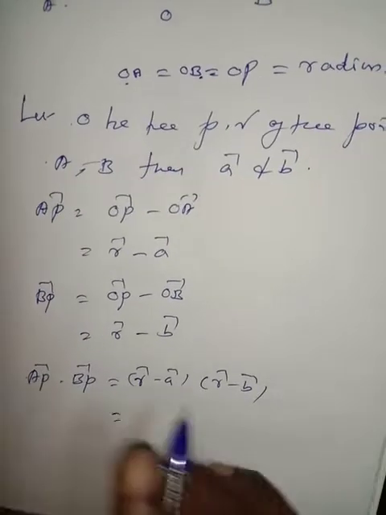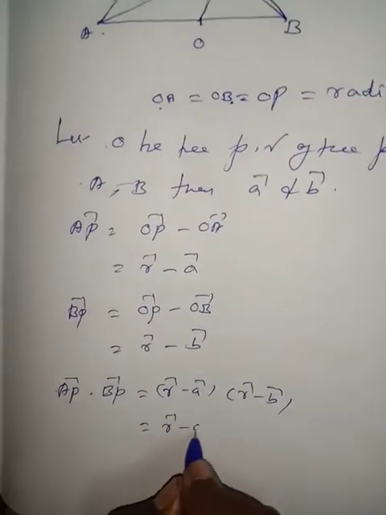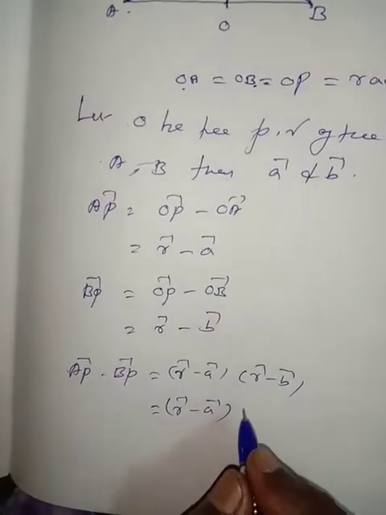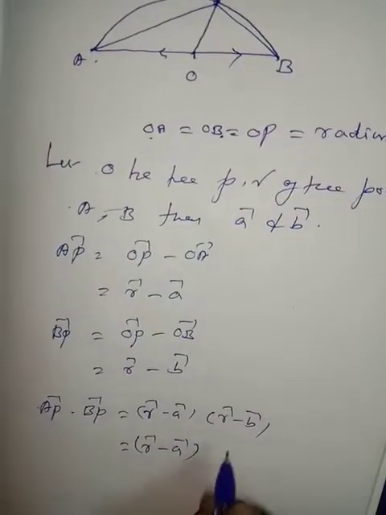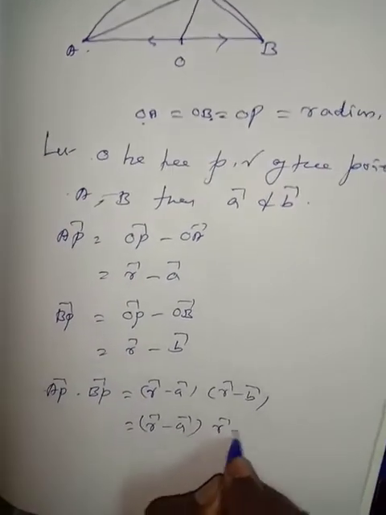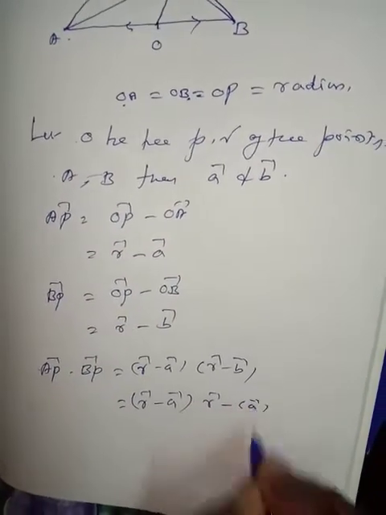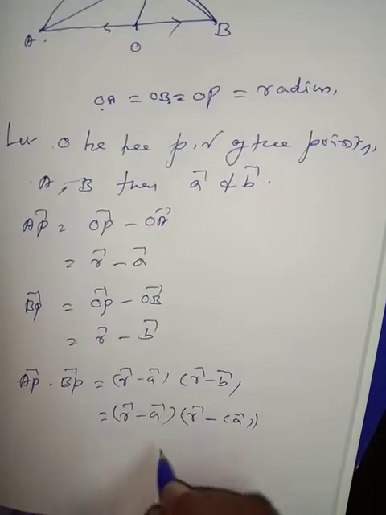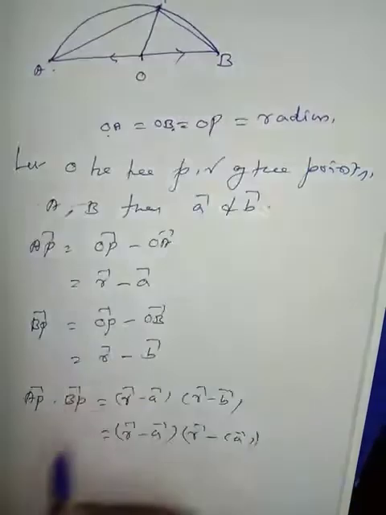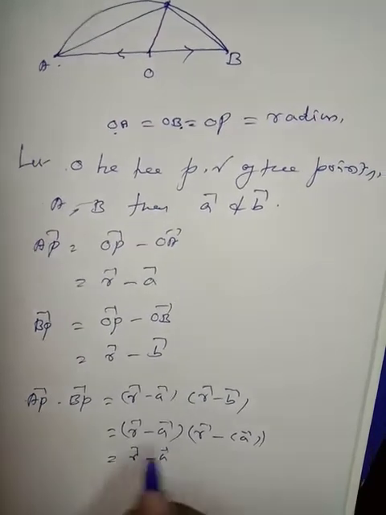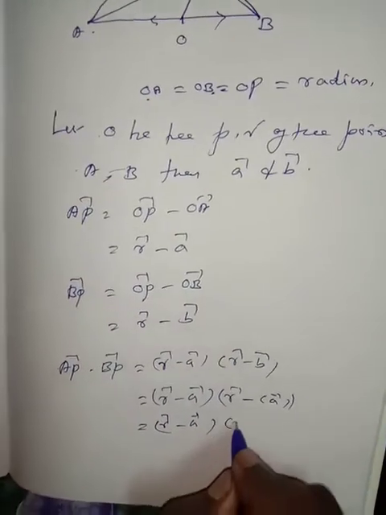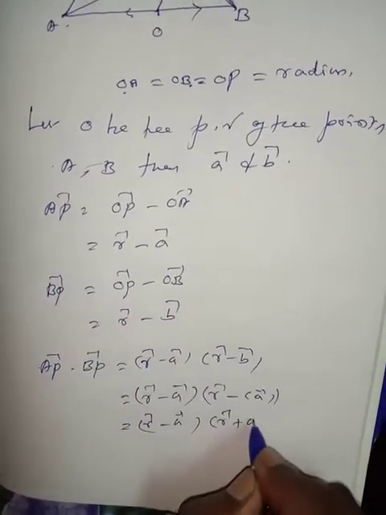Now in R vector minus A vector, the direction is reversed, this side and this side. Next line, R vector minus A vector, R vector plus A vector.